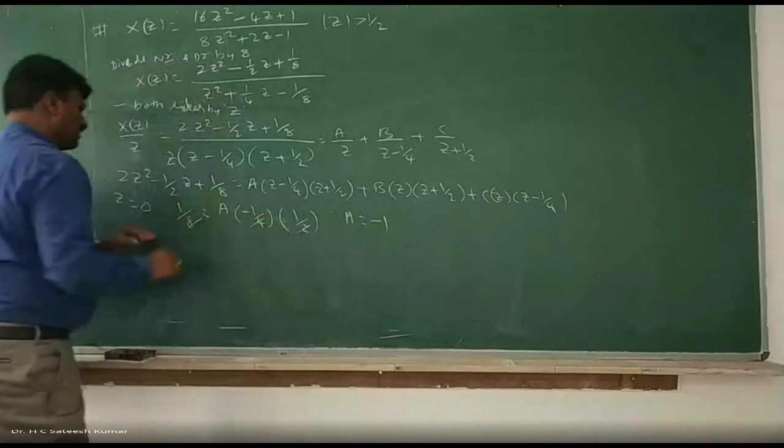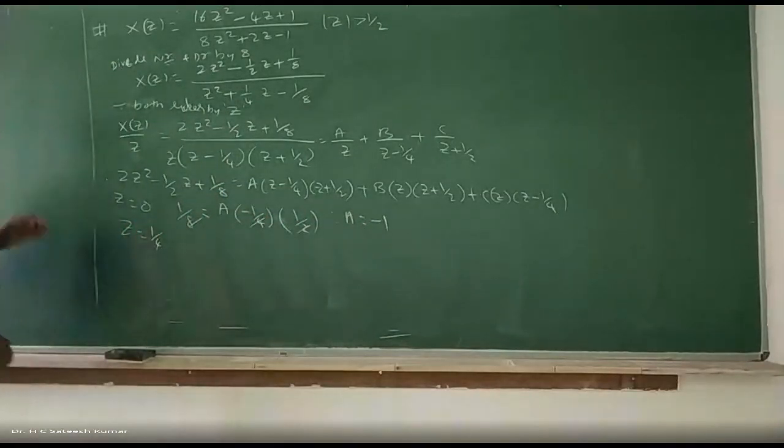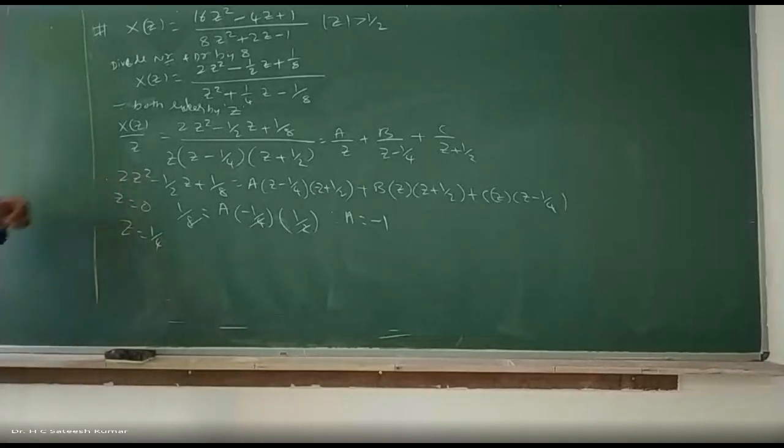Put z is equal to 1 by 4. Z is equal to 1 by 4 means what? 1 by 4 whole square is 1 by 16. 1 by 16 into 2 is 2 by 16, which is nothing but 1 by 8 you will get. Okay, right.